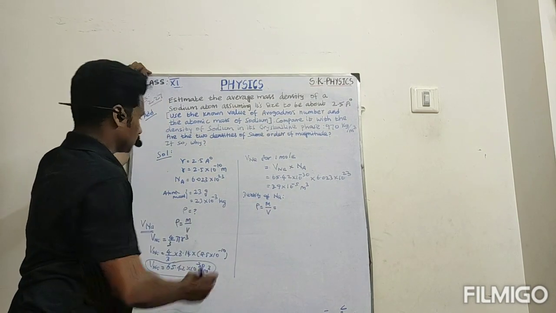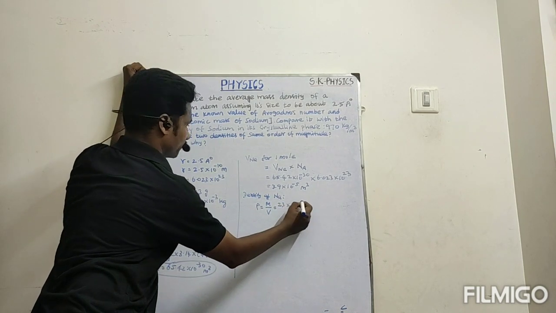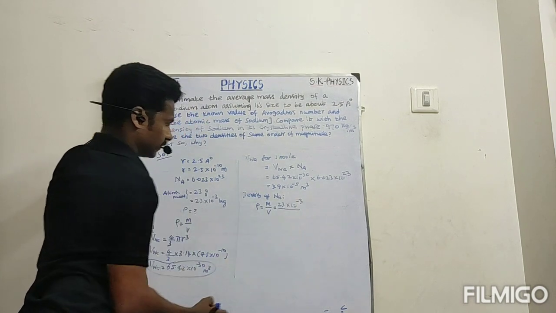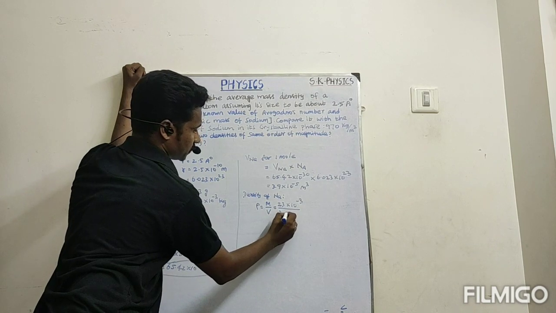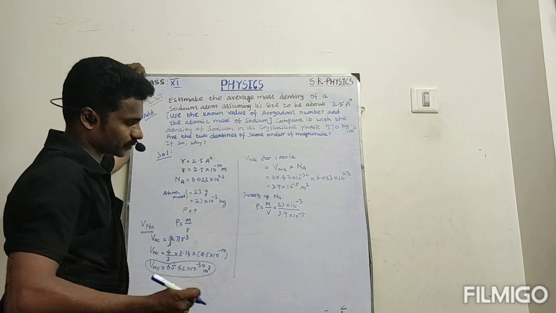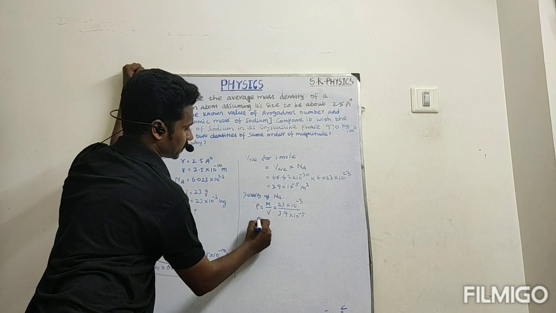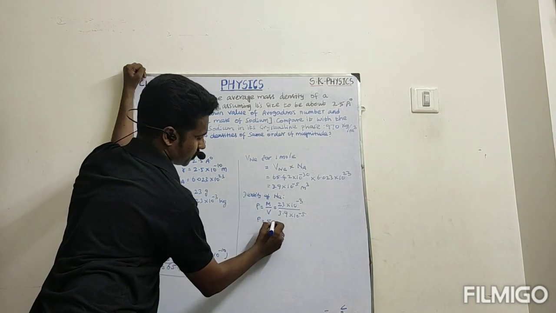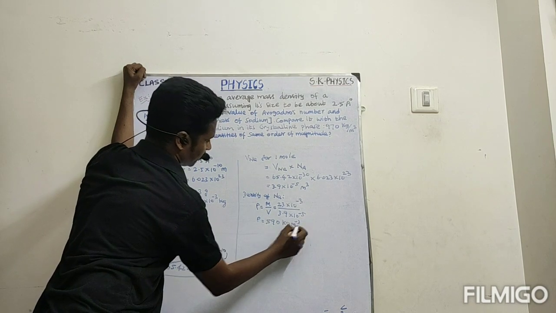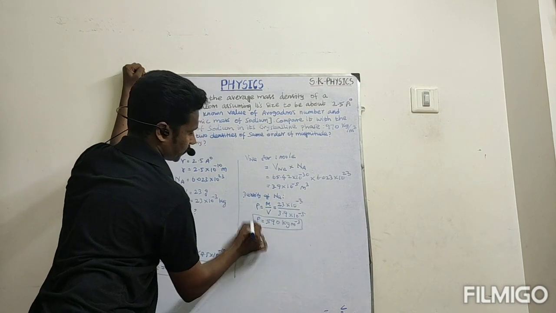The mass value is given, that is 23 into 10 power minus 3, divided by the volume, 3.9 into 10 power minus 5. After simplifying, I get the density equal to 590 kilogram per meter cube. 590 kilogram per meter cube.